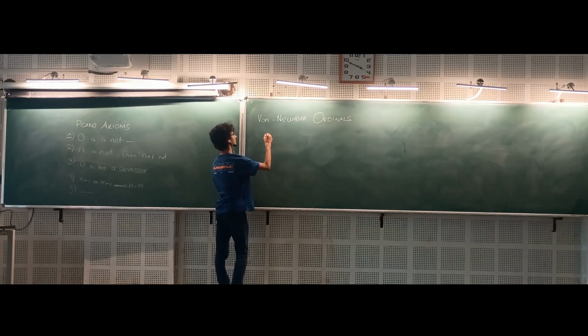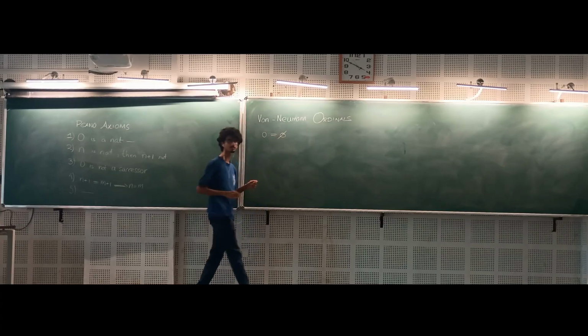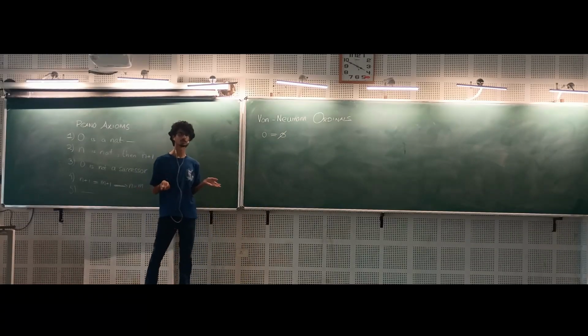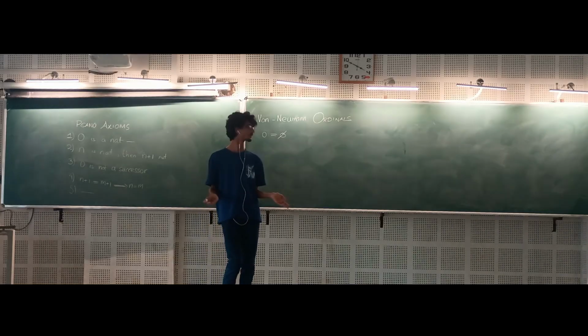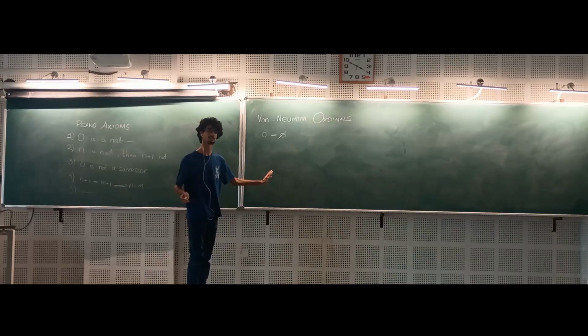What we're going to say is 0 is going to be the empty set. Everyone knows what an empty set is? It's the one set that has nothing. So 0 I'm going to define as the empty set.